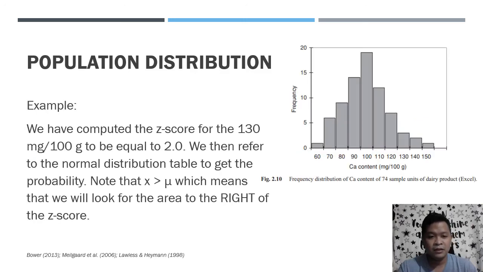So example, again, we did compute that the z-score obtained was 2, and because it's positive, it's to the right of the mean. So we can now look at the probability that this would occur. Although we could, of course, imagine this to be a smooth bell curve and then adequately locate that to be within the 2 standard deviation mark.